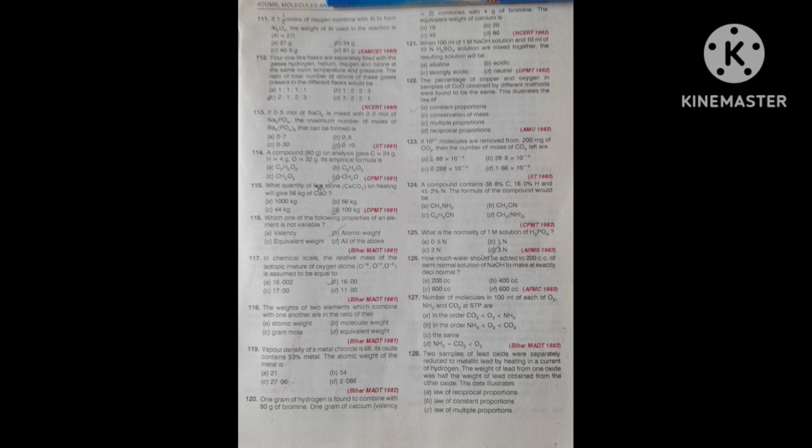Hence if you simplify 3.23, 16 and 3.23, then you will get the ratio 1:5:1. Okay. Now you got the ratio 1:5:1, which means CH5N. CH5N, that is the empirical formula.